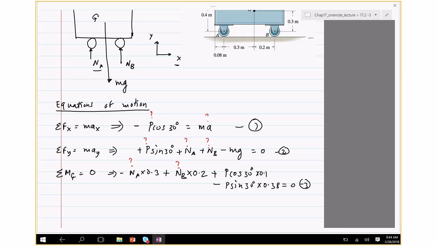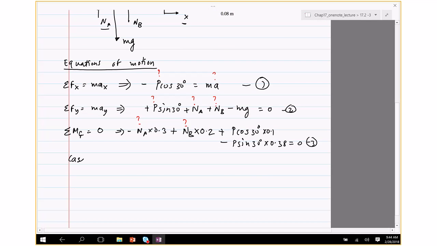First case, we'll assume NA equal to zero. Once you assume NA equal to zero, one of the unknowns gets out of the way and you have three equations and three unknowns.